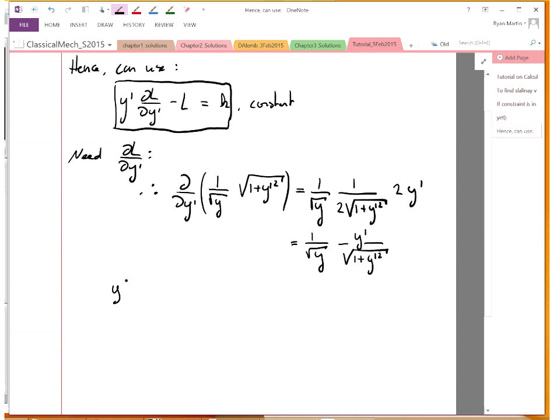So I have y prime squared over square root of y times square root of 1 plus y prime squared, minus L, and L was 1 over square root of y times square root of 1 plus y prime squared. And that's got to equal some constant k.